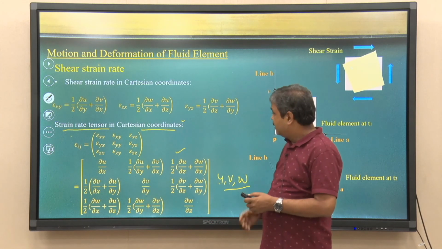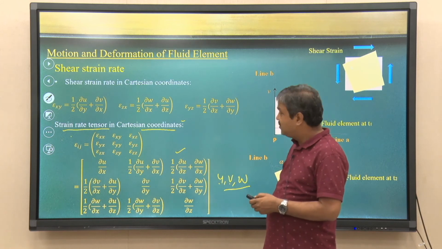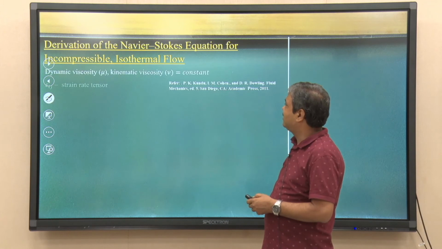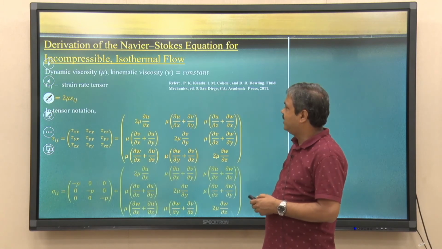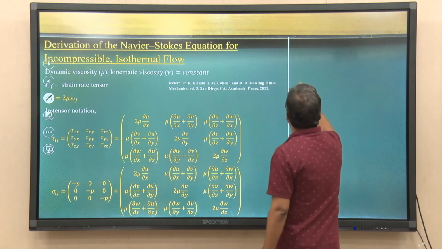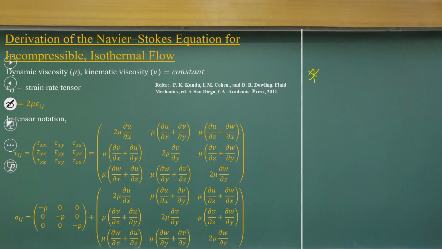Now, the next step is very easy for us, because we first look at certain assumptions. First is incompressible flow.